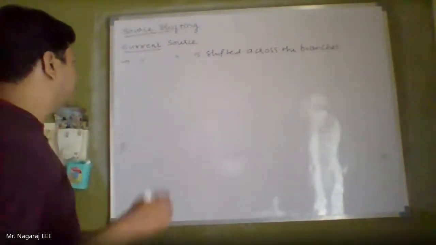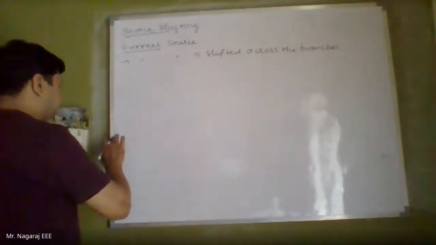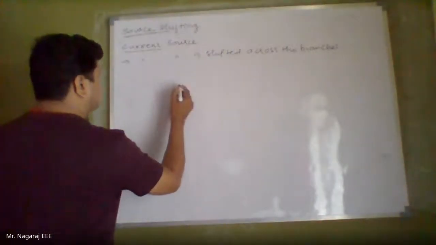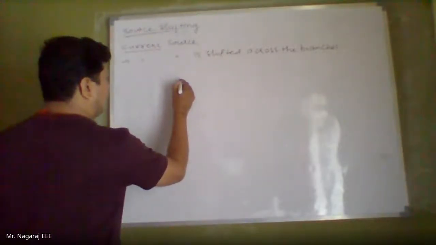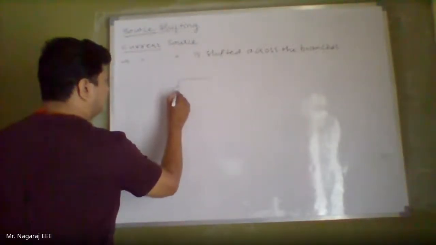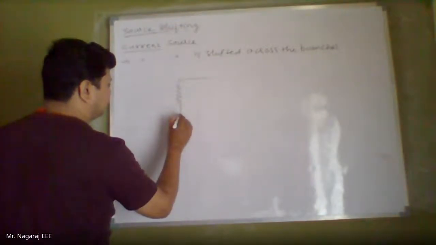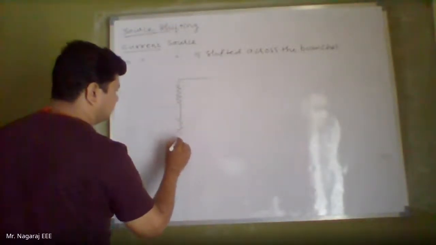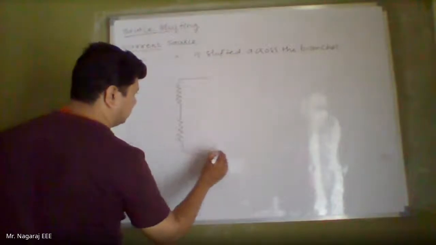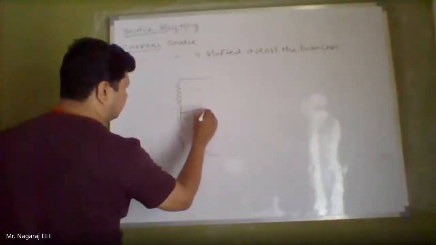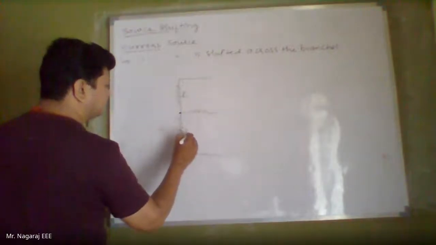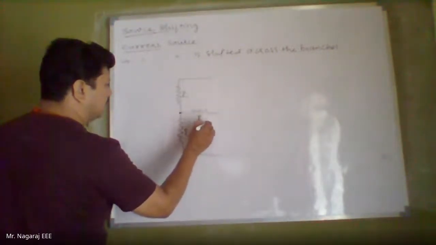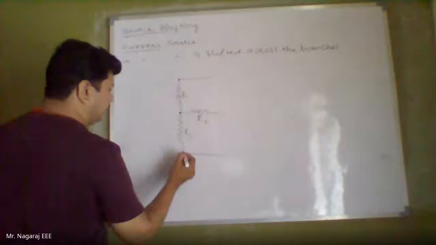Now what does that mean? Suppose I have a current source, and I have multiple branches here, and there is a node formed. Let these be R1, R2, and R3.